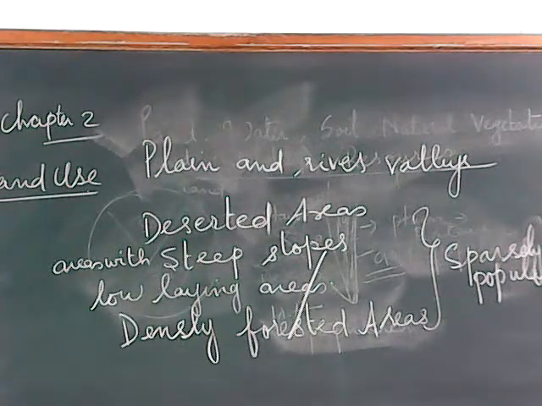Your school building, where is it made? All these buildings are made only on land. Agriculture, if you go a little outside the colony, you find agriculture because of the rainy season. Where is it done? Only on land.